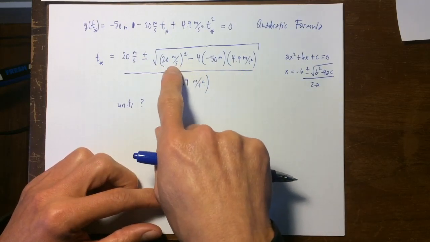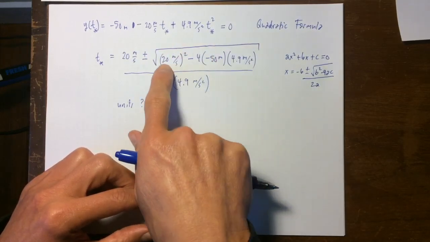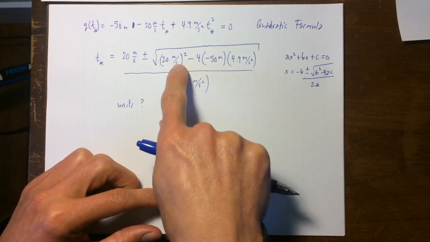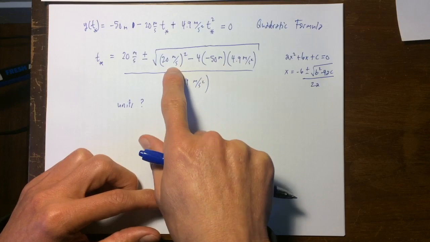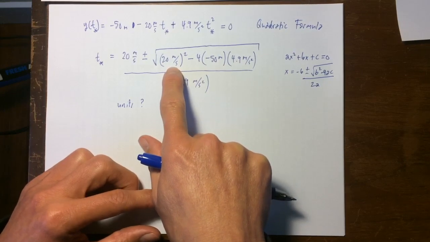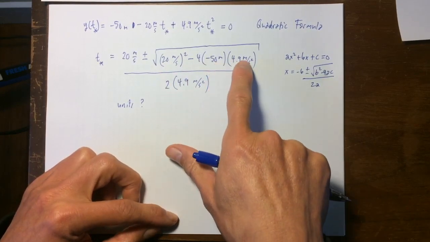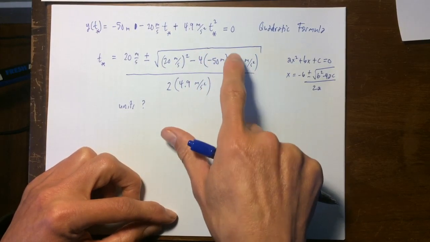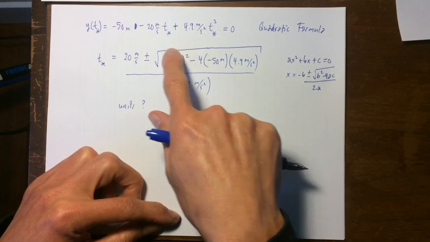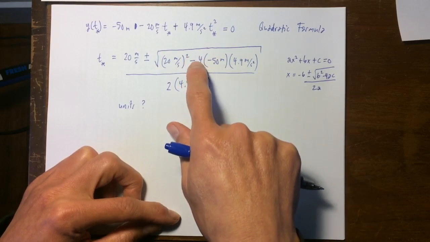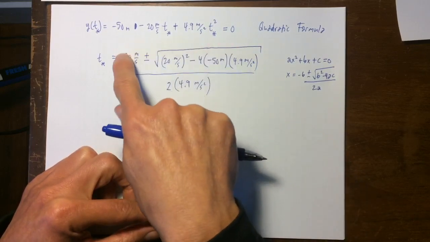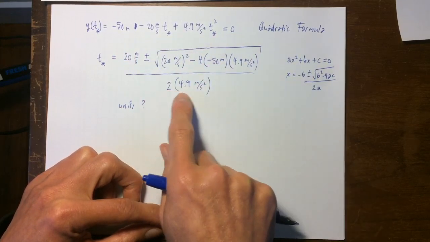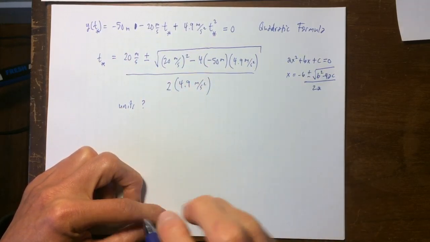The first term inside the square root is 20 meters per second times 20 meters per second, so the units are meters squared per second squared. The second term in there is also meters squared per second squared. The square root of meters squared per second squared is meters per second. So the entire top is meters per second. The bottom is meters per second squared.